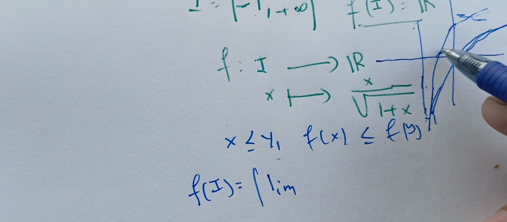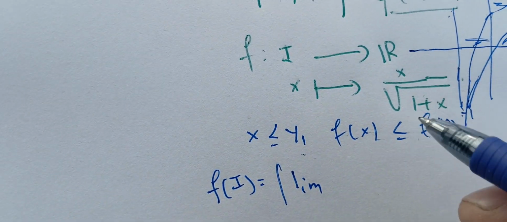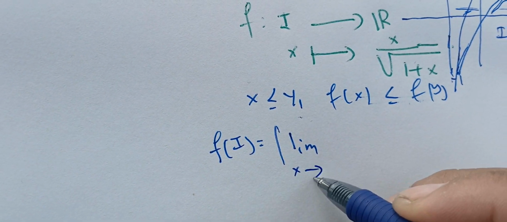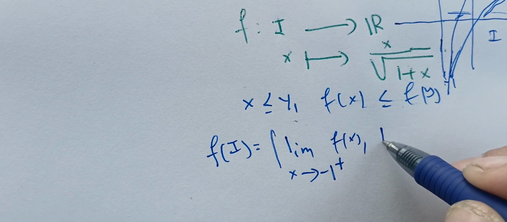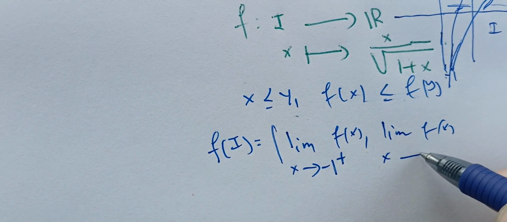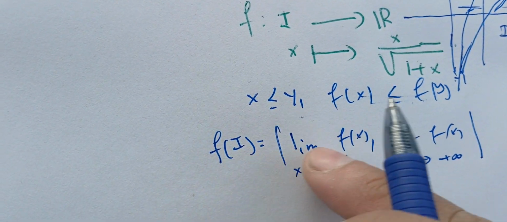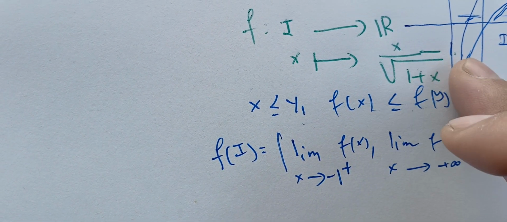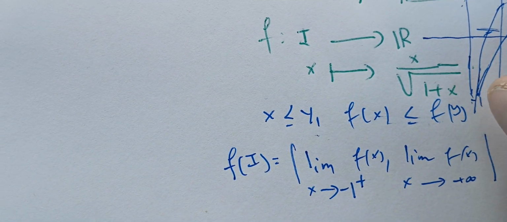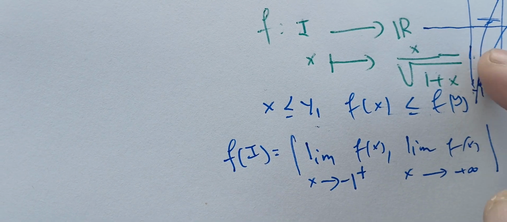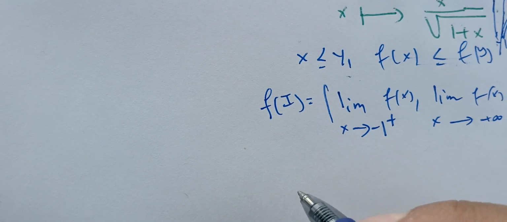So the image of I is going to be the whole set of real numbers, given by the limit as x goes to -1 from the right of f of x, and the limit as x goes to +infinity. So this is the image, because when x changes in I, its image will be in this range.